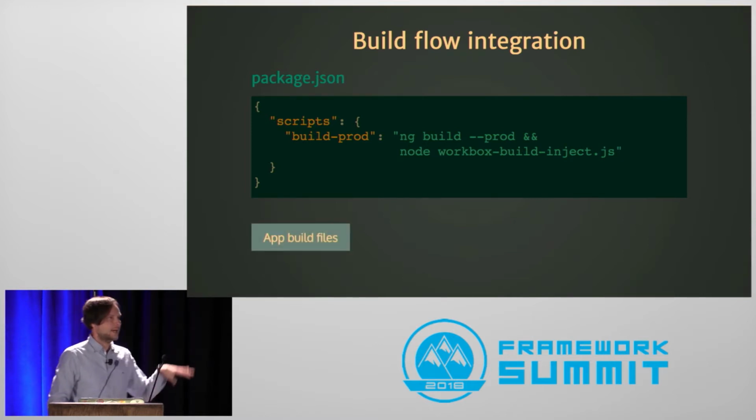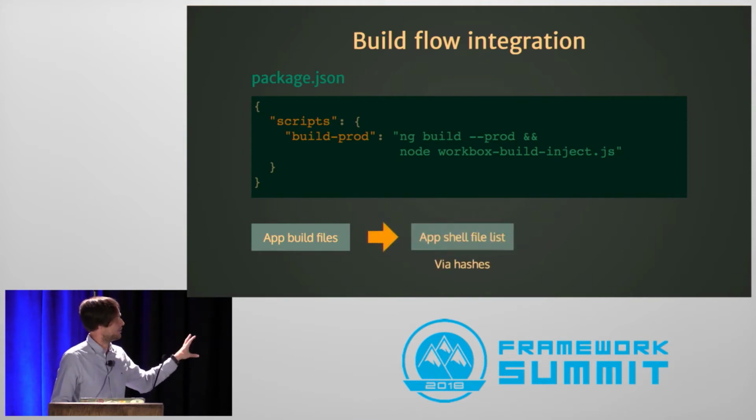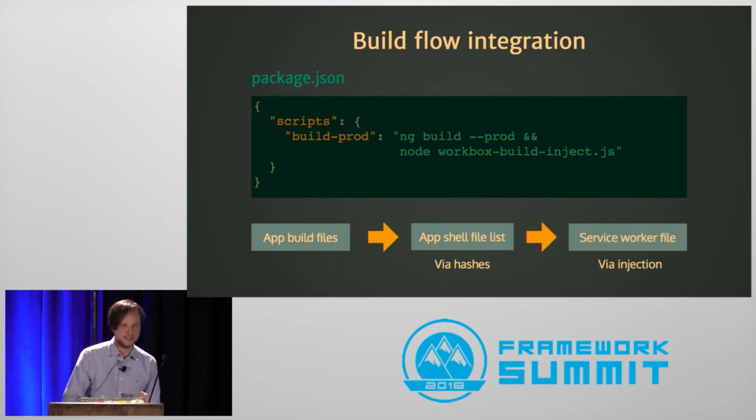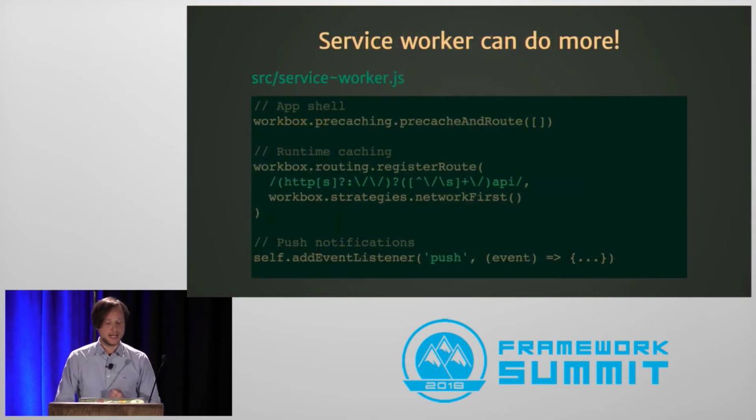So we have kind of an update chain. We updated our application files. Based on that, we have this list of resources updated. And based on that, we have the service worker file updated as well. Of course, the whole point of having our own service worker is to extend it, right? So this is why it's so important.